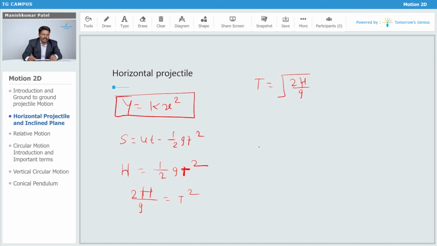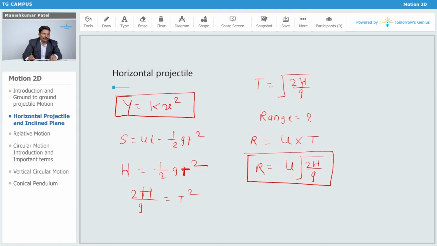Now once I have the expression for the time of flight, I can find the range from it. T is equal to the square root of 2h upon g. For the range, we consider u into time, which is u into the square root of 2h upon g, and that gives the value of your range.